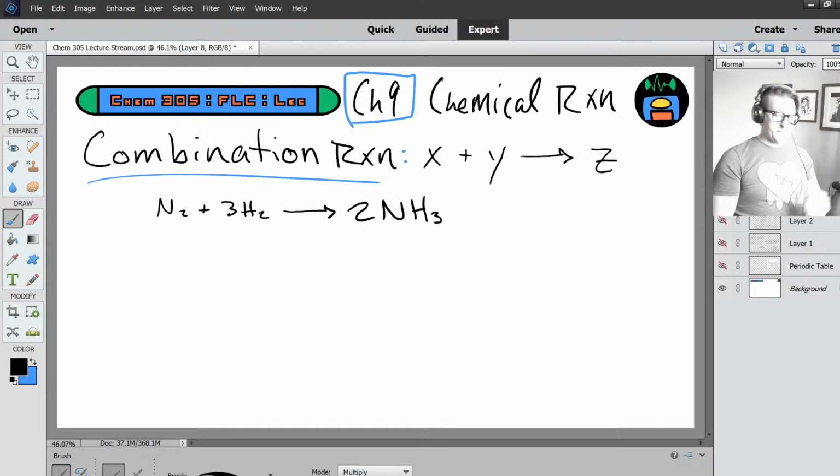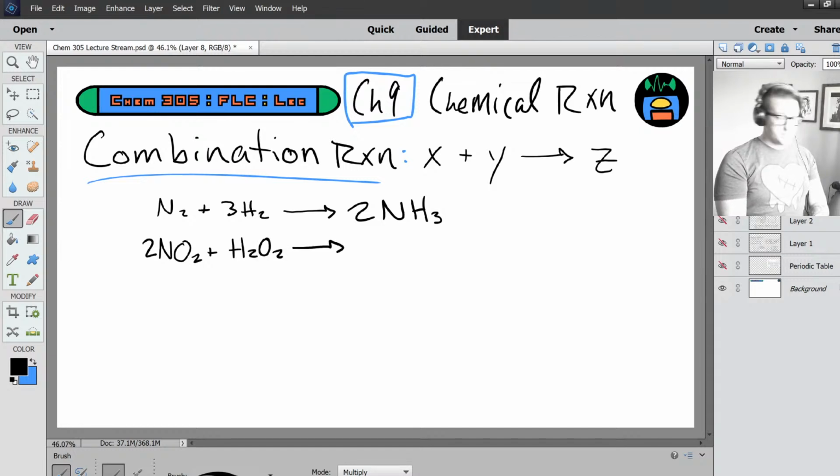Both nitrogen and hydrogen are in their elemental forms, but for combination reactions, you're not restricted to reactants in their elemental forms. For example, nitrogen dioxide reacts with hydrogen peroxide to produce two molecules of nitric acid.